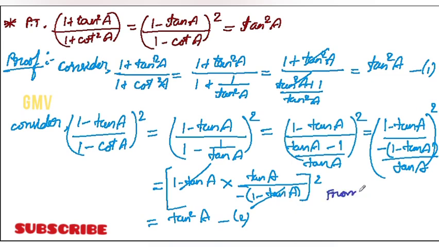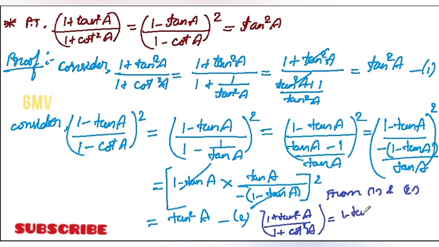From 1 and 2, we can easily say 1 plus tan square A by 1 plus cot square A is equal to 1 minus tan A by 1 minus cot A whole square is equal to tan square A. And hence proved.